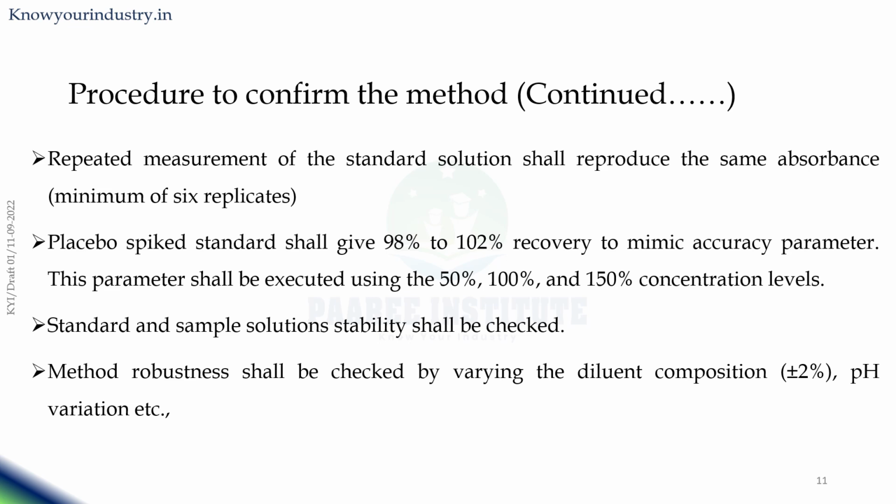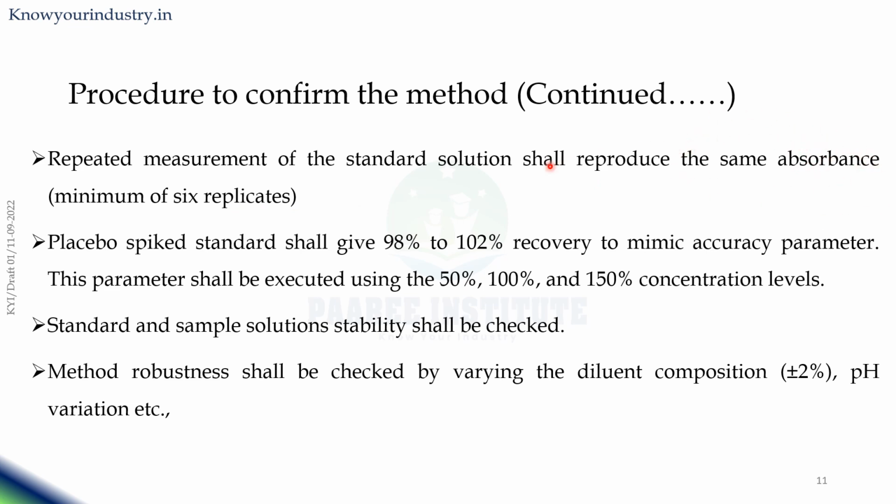As part of method development or a verification or confirmation of a method, as part of system suitability, to confirm that the machine is working properly, we always take repeated measurements of a standard solution, which will produce the same absorbance. Generally we take a minimum of 6 replicates of the samples, which generally give the same absorbance.